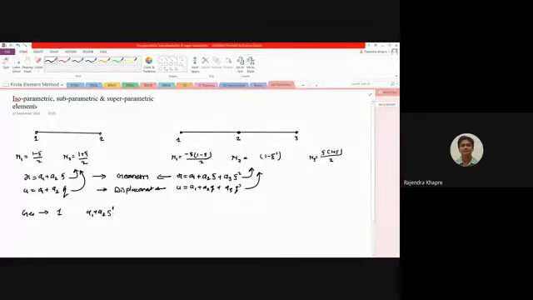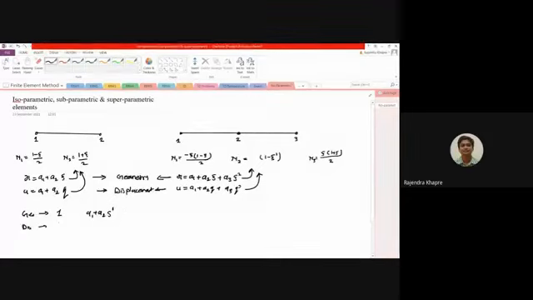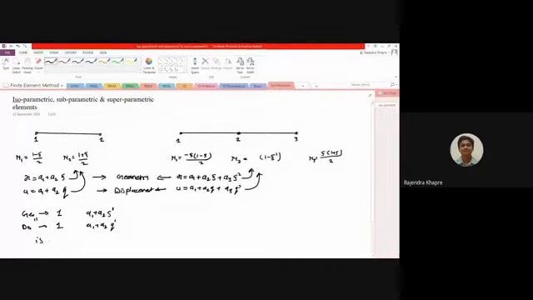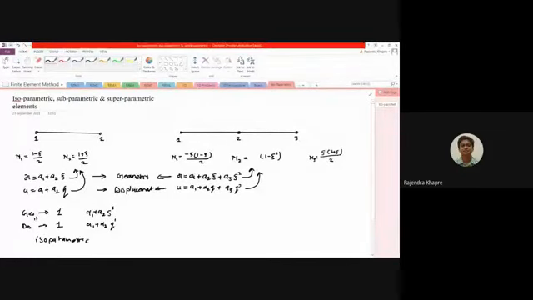So the polynomial function which is used to define the geometry, its order is 1. And if you talk about the displacement, its order is also 1, because here you see a1 plus a2 times q. Okay, so q to the power 1. So here both the orders of the polynomial are same, therefore this will be called an isoparametric element.